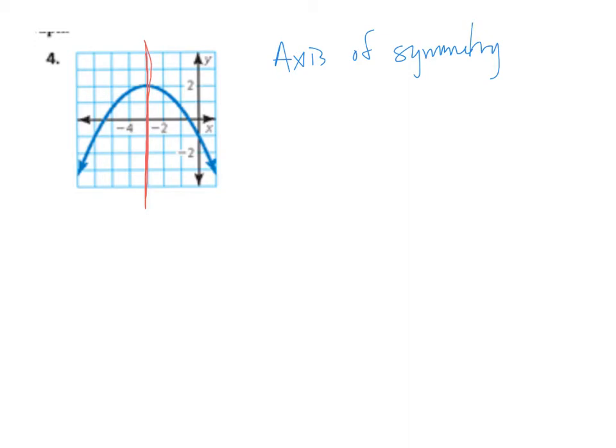So this axis of symmetry, basically a line that you could fold it on, is going to be x equals -3, because it only crosses the x-axis there. Now because of what we just talked about, when we find the vertex, we know the x value is going to be -3 before we even look at the graph.